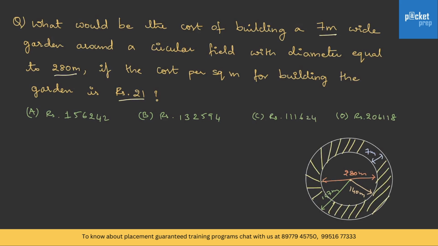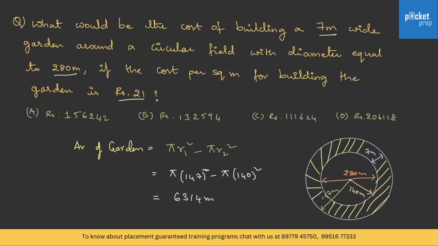In order to get that, we will take the difference of outer circle minus inner circle, that is area of garden equals pi r1 square minus pi r2 square, where pi r square is the area. This is pi into 147 square minus pi into 140 square. When you solve this, it turns out to be 6314 meter square.